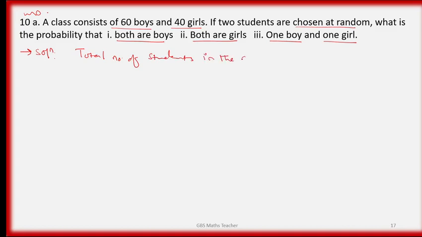Total number of students in the class is 60 plus 40 equals 100. 60 plus 40, that is, and two students can be chosen from 100.